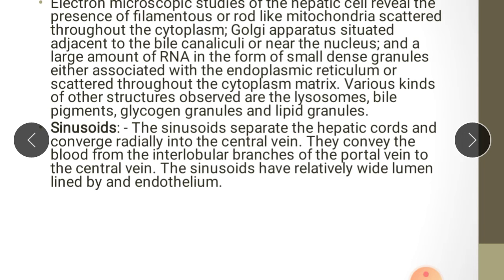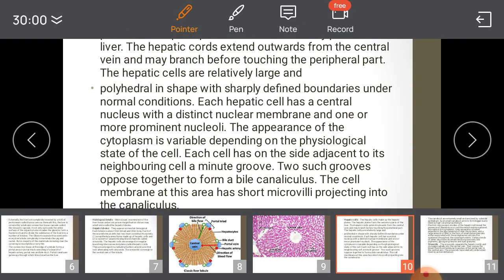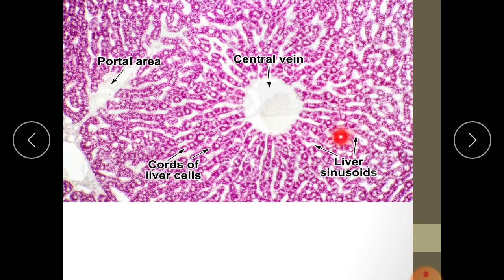Next, sinusoids. The sinusoids separate the hepatic cords and converge radially into the central vein. So these are sinusoids. They all open into the central vein.